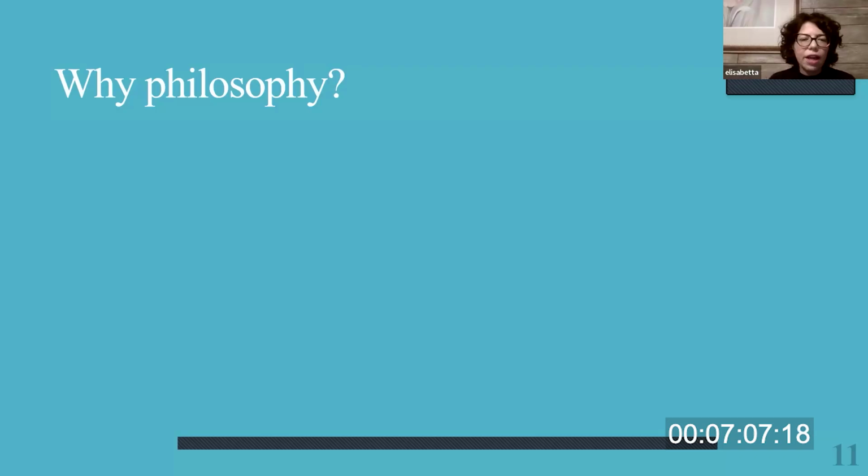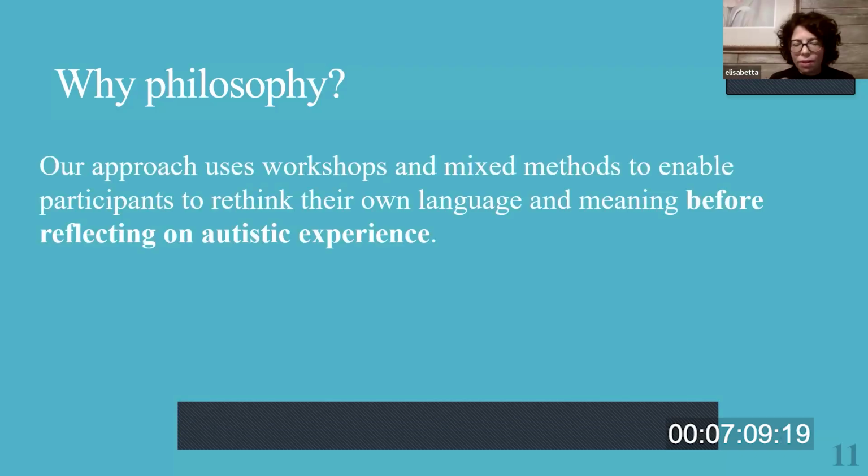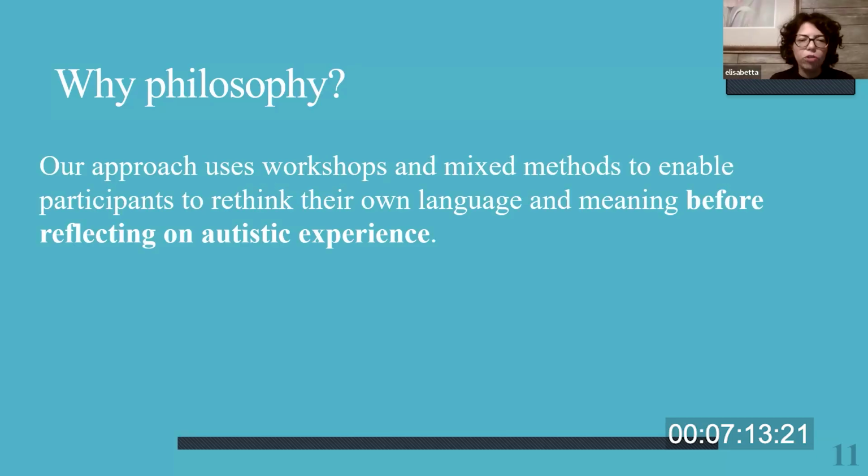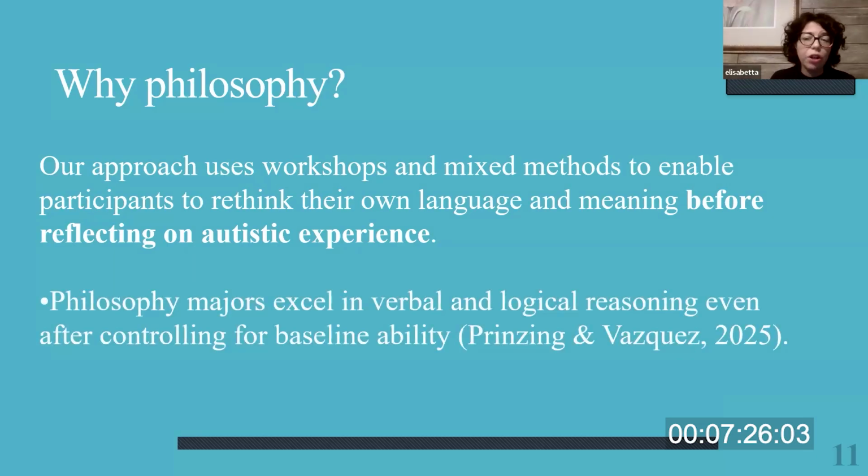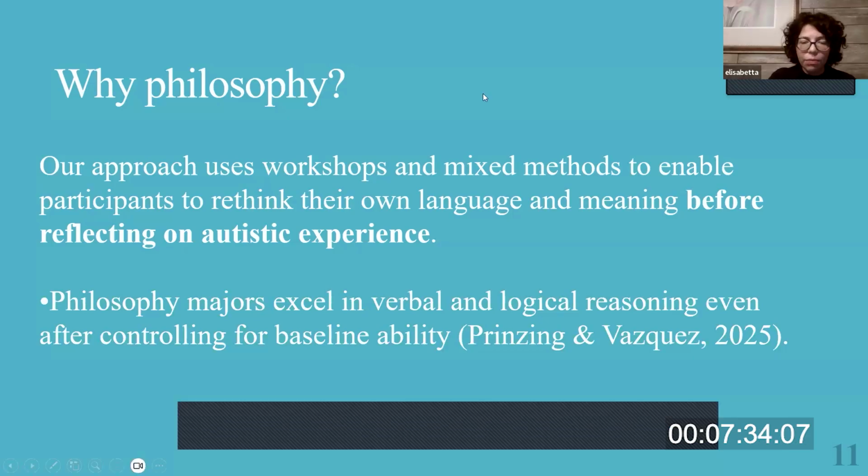The other answer to the question of why philosophy is that our approach uses workshops and mixed methods to enable the participants to rethink their own language and meaning before reflecting on autistic experience. And philosophy majors excel in verbal and logical reasoning, even after controlling for baseline ability.